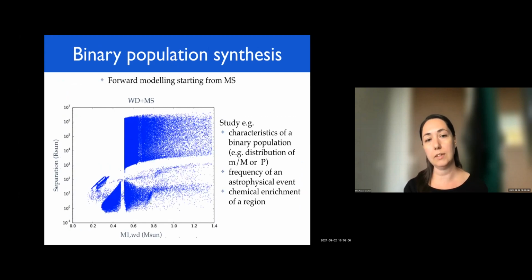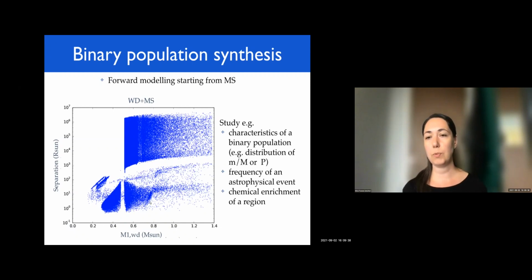Okay, we go to the next slide. So the other method that is used a lot, and that I'm sure Ashley is going to talk about a little bit, is the binary population synthesis method. So here we do not calculate backwards in time, but we calculate forwards in time. So typically we start at the main sequence, and then we follow the evolution of binaries in time, taking into account all of the relevant processes such as mass transfer, stellar evolution, angular momentum loss, gravitational wave emission, all these things.